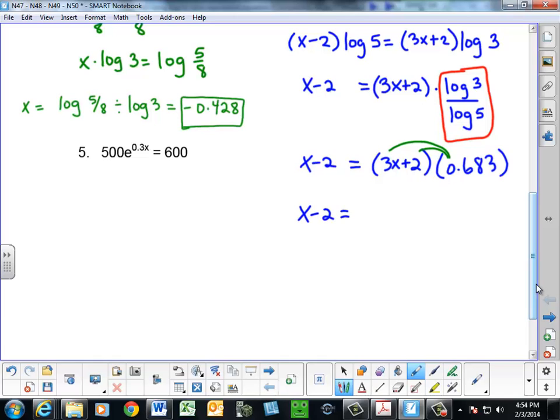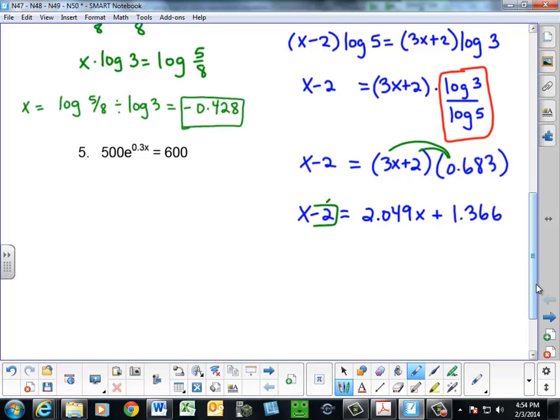So x minus 2, when we multiply times 3, the 0.683 times 3, using our calculator, we get 2.049x, and then 2 times the 0.683, you get 1.366. Now we're going to isolate x on one side of the equation and move the constant to the other, just like you normally do when you solve for x.